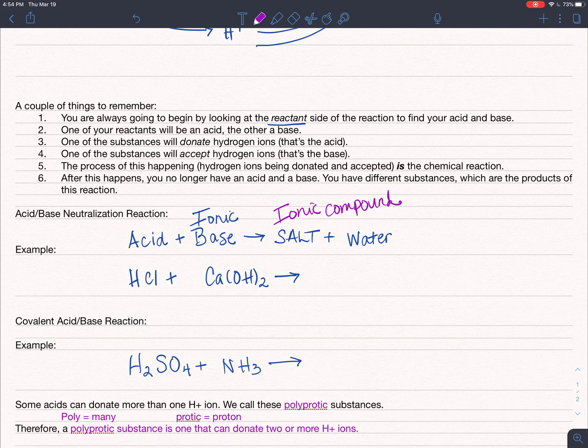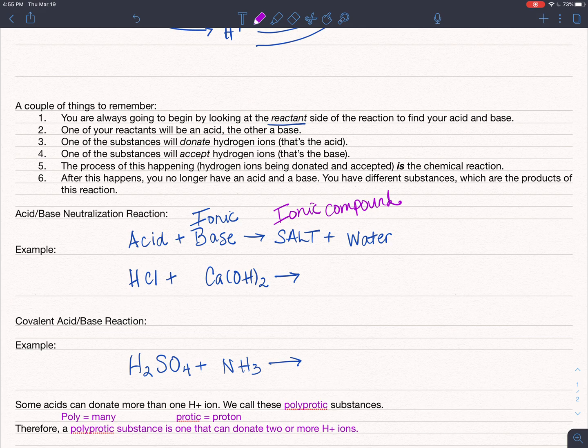Okay? So what we're actually saying here is that our acid will donate its protons. The ionic base will take those. They will be replaced in a displacement reaction, and we will end up with an ionic compound as one of our products and water.